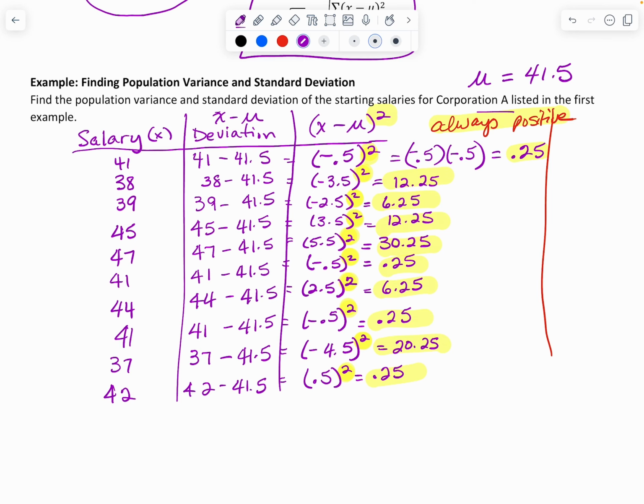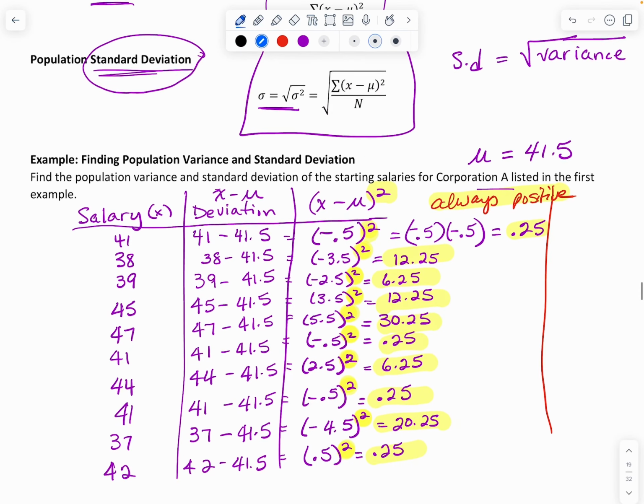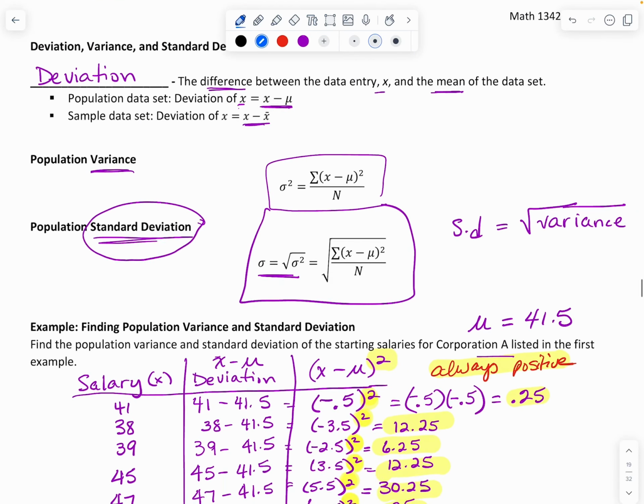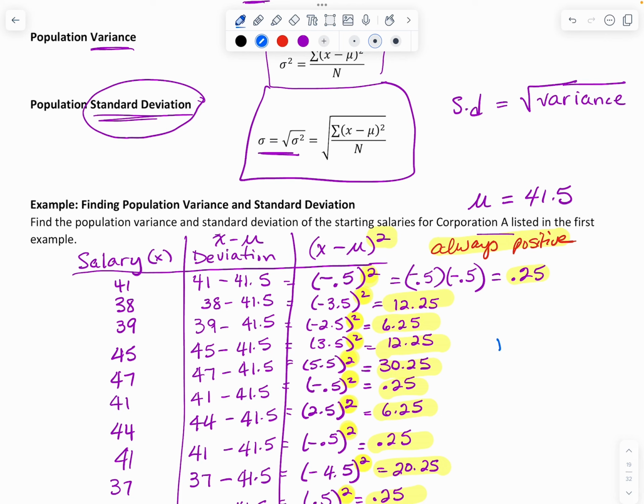All right? So if I look back at my formulas, my formula says that the variance is equal to the sum of all of these numbers squared divided by n. And then again, the standard deviation is the square root of the variance.